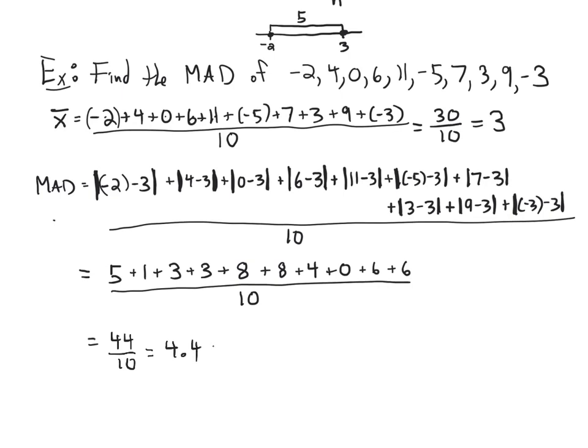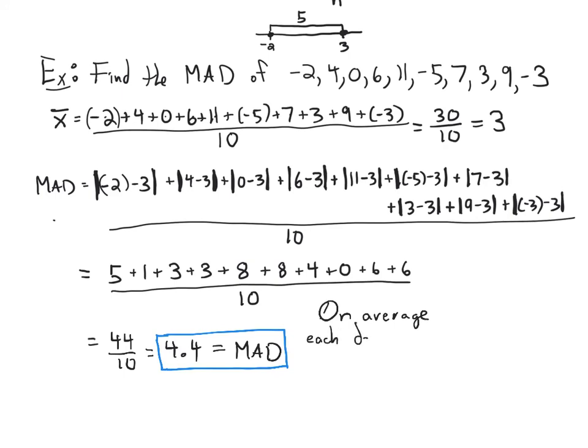So the mean absolute deviation of this data set is 4.4, which means on average each data point is 4.4 units away from the mean.